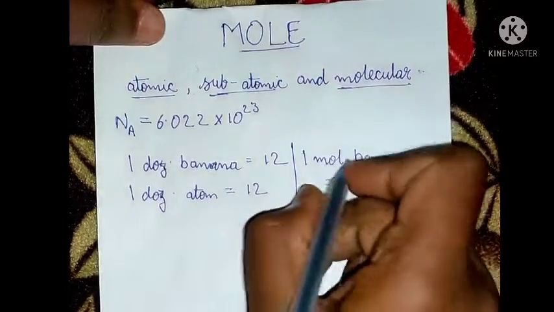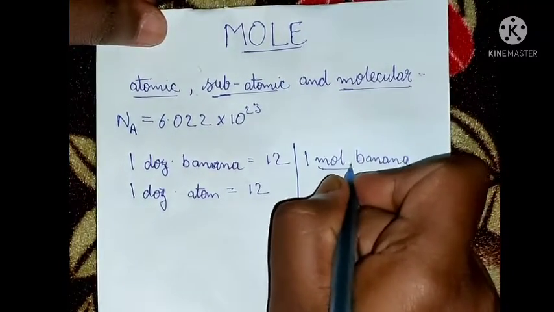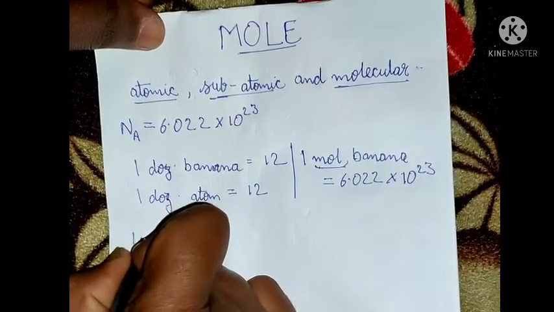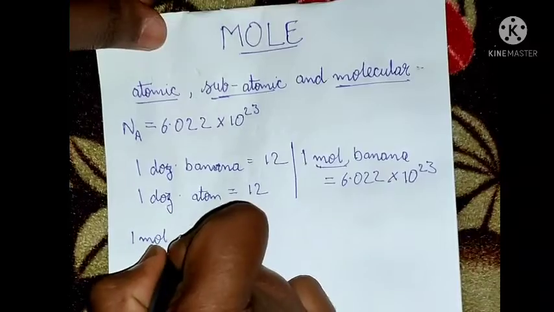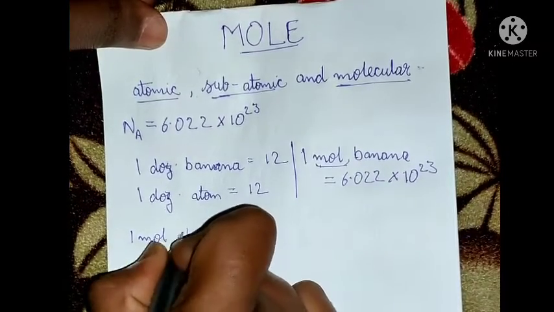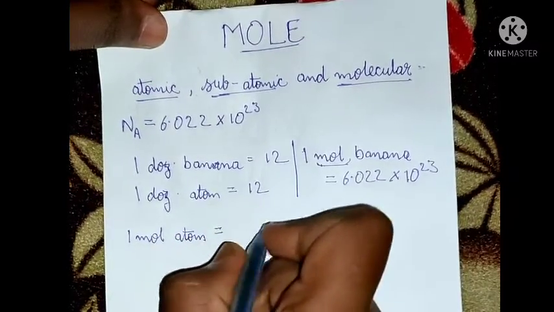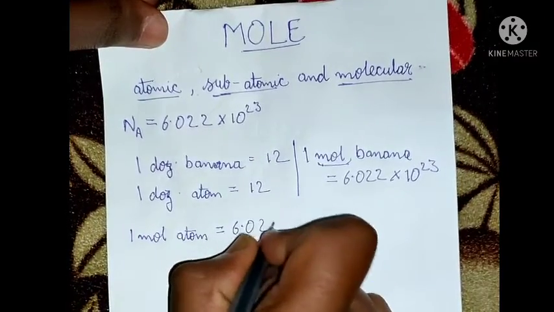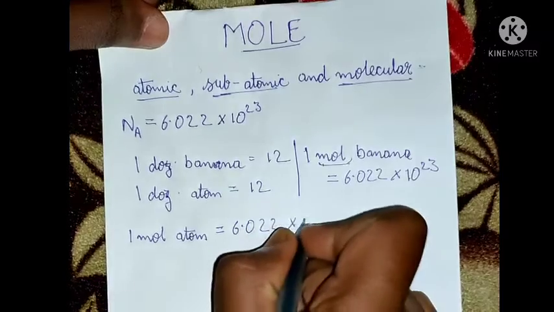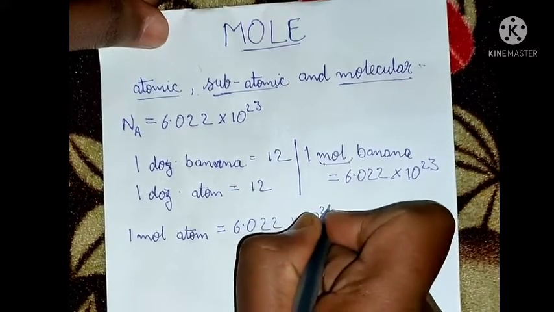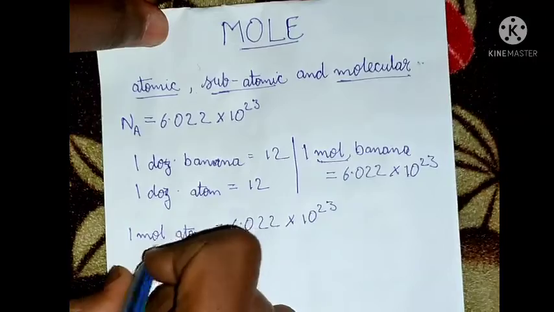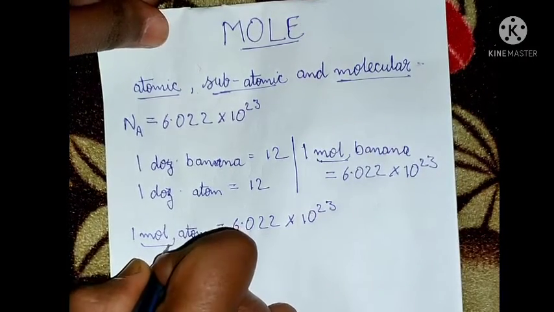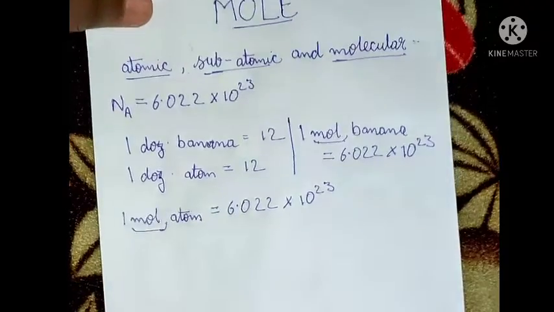Since we are using mole for the atoms and molecules, if I say that I have 1 mole atoms, then what does it mean? It also means the same, that is I have 6.022 into 10 to the power 23 atoms. Similarly, mole can be used with any of the atomic, subatomic or molecular species.